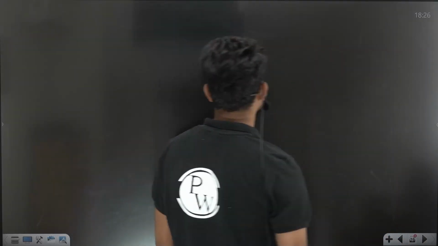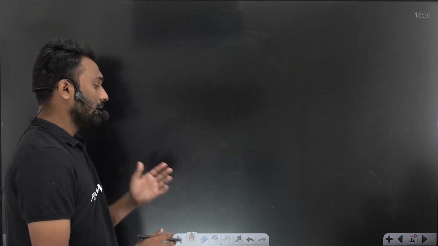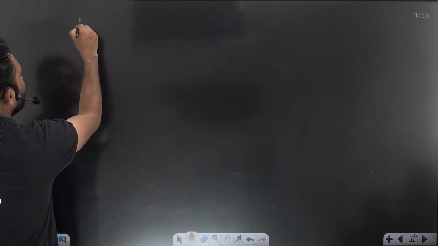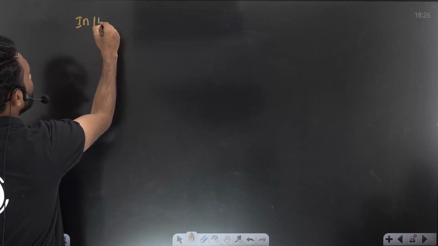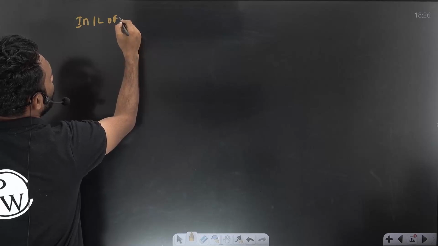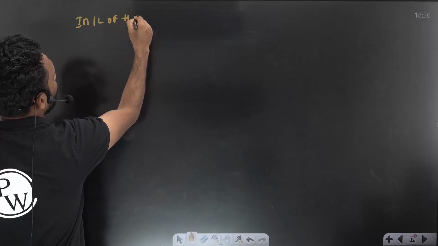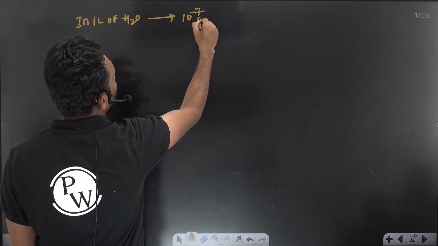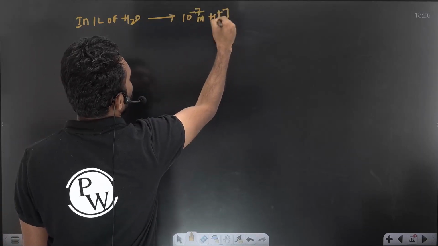Now next, look here: 10 to the power minus 7 molar. In 1 liter of solution, in 1 liter of H2O, there is 10 to the power minus 7 molar of H plus ion concentration.